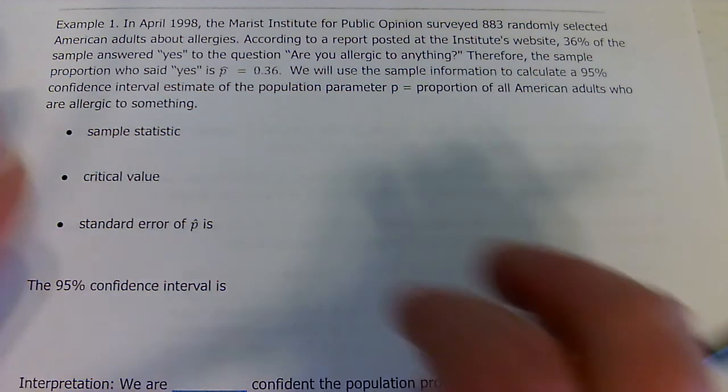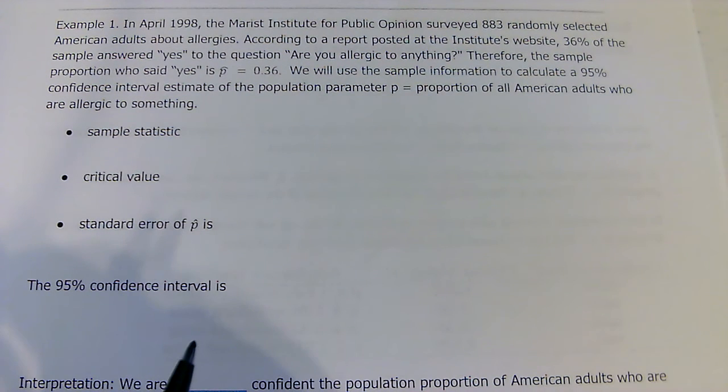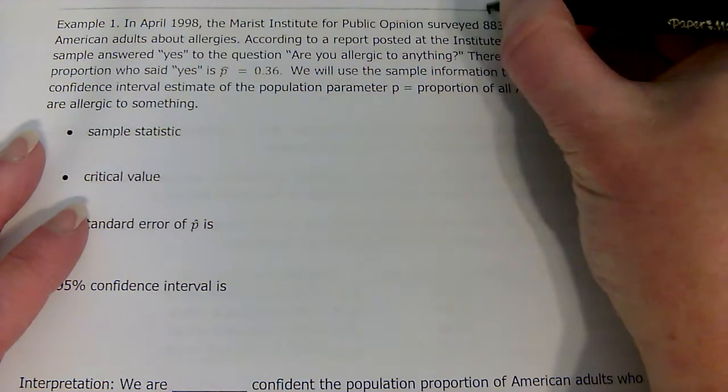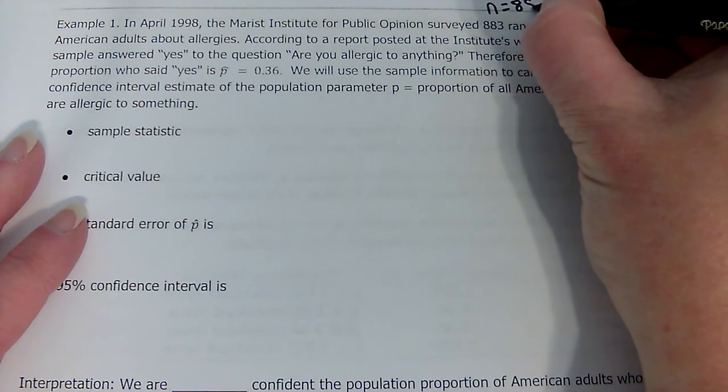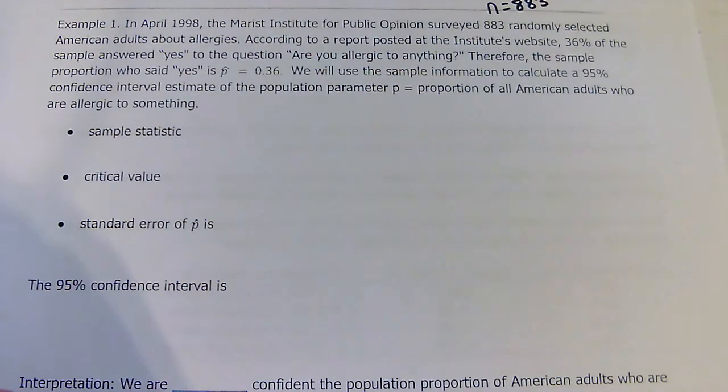So, in April 1998, the Marist Institute for Public Opinion surveyed 883 randomly selected American adults about allergies. According to a report posted at the Institute's website, 36% of the sample answered yes to the question, are you allergic to anything?